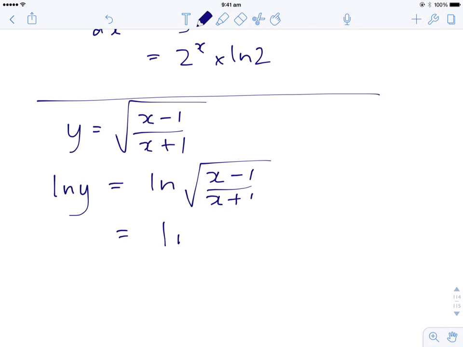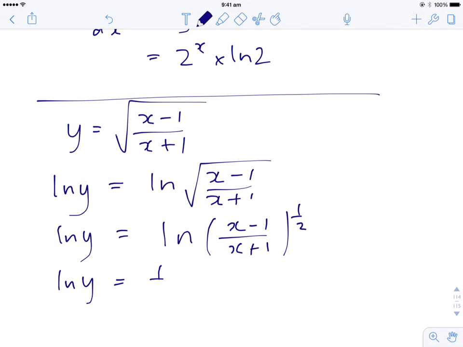Recognize that on the right hand side there, that is x minus 1 over x plus 1 to the power of a half. Okay, so that gives us a half ln x minus 1 over x plus 1. And now we know that log law that says log a over b is log a minus log b.